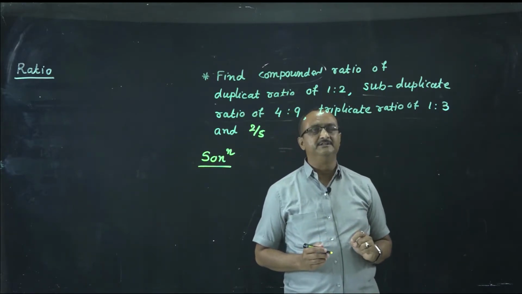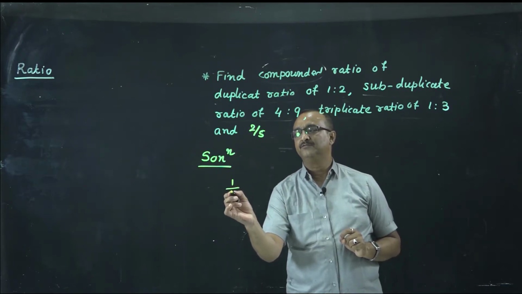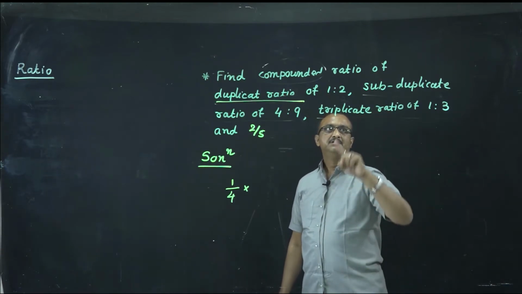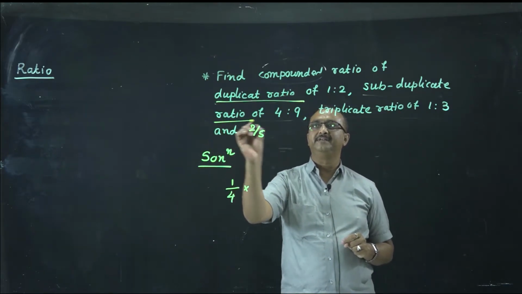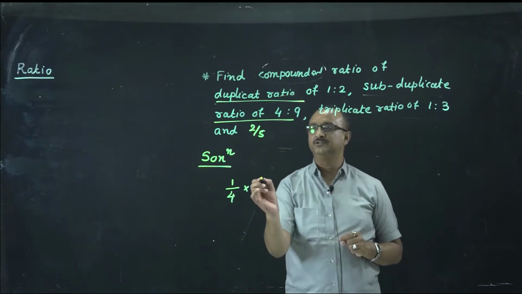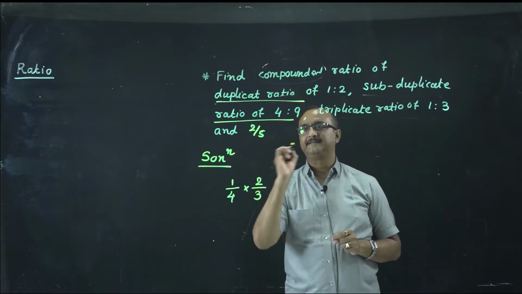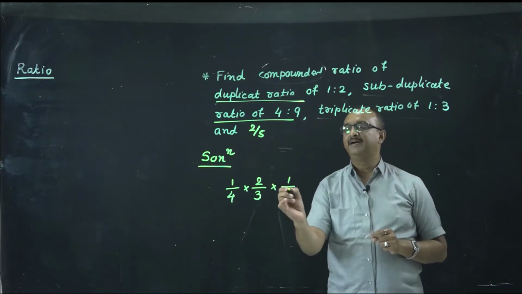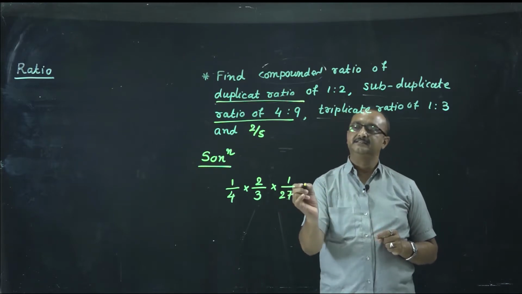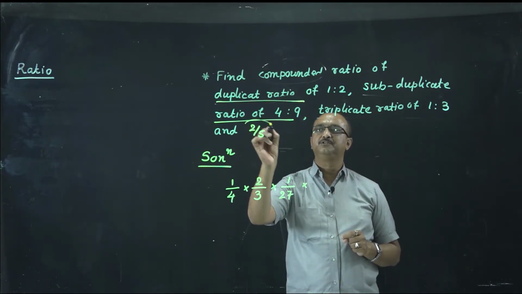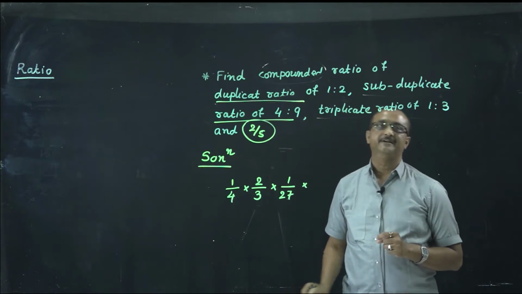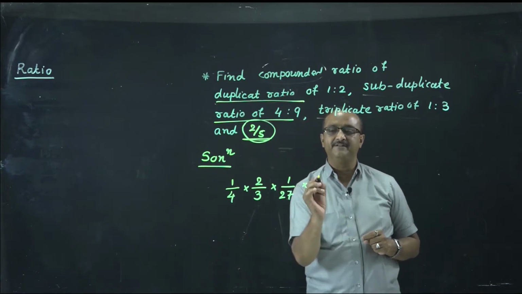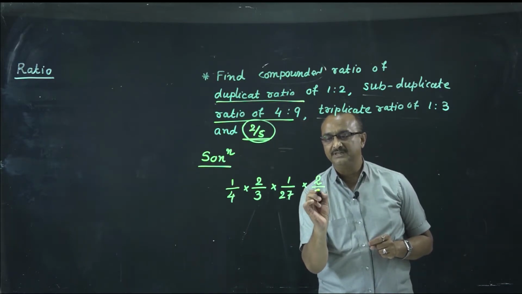Duplicate ratio of 1 is to 2 is 1 by 4, because duplicate is the square of given terms. Subduplicate ratio of 4 is to 9 means under root, 2 upon 3. Triplicate is cube, 1 by 27. And see, most of the students are putting cube of 2 by 5, but it is a separate term. It is only 2 by 5, so we have to put only 2 by 5 here.